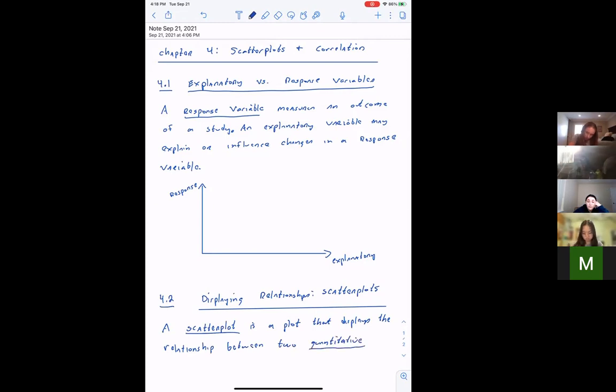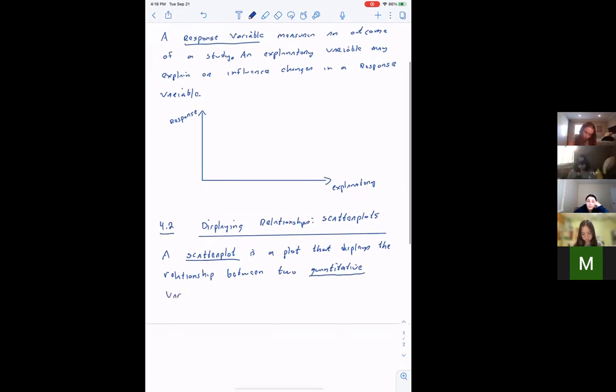They must be quantitative. We do not use scatter plots for categorical variables ever. Scatter plots are for quantitative variables measured on the same individuals.